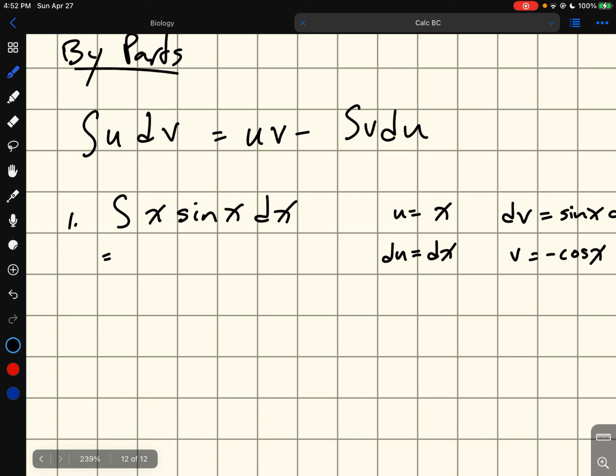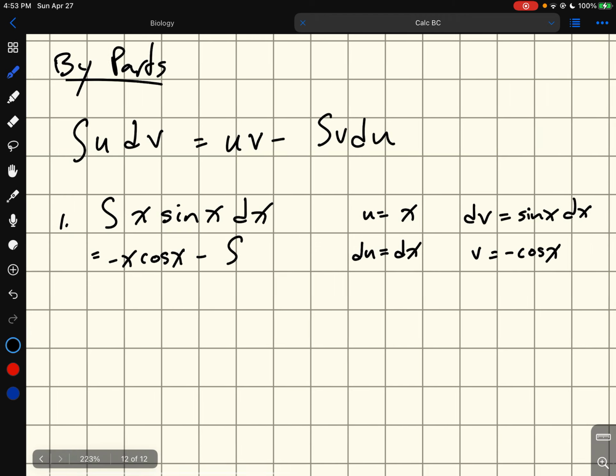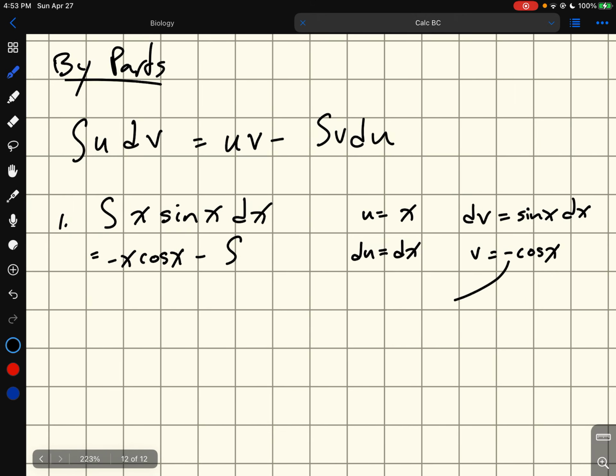So we're going to write this equals uv, negative x cosine x. I just put this negative 1 factor right there in front of this x so it looks better. And then our integral of v, I'm going to move this negative 1 into the front, so this actually becomes plus integral of cosine x, and then our du, which is dx.